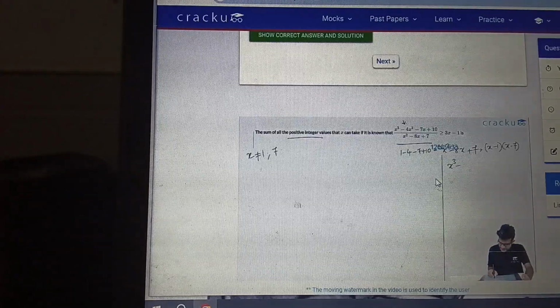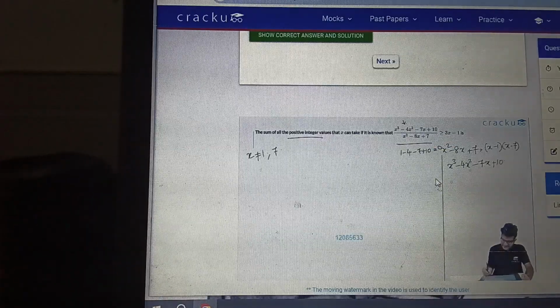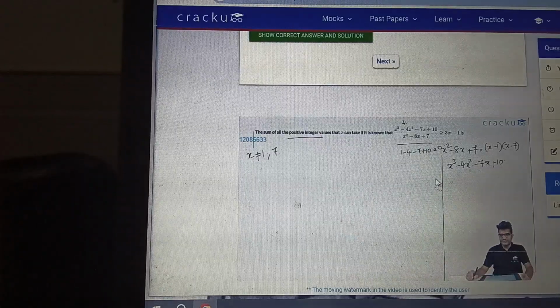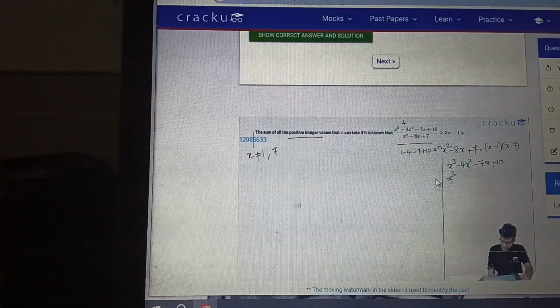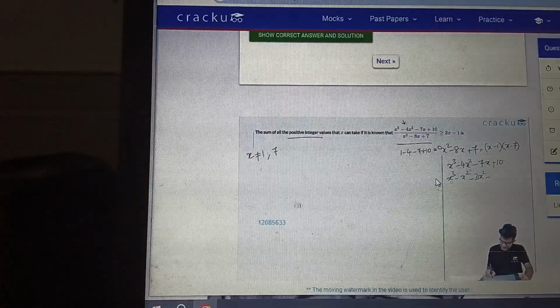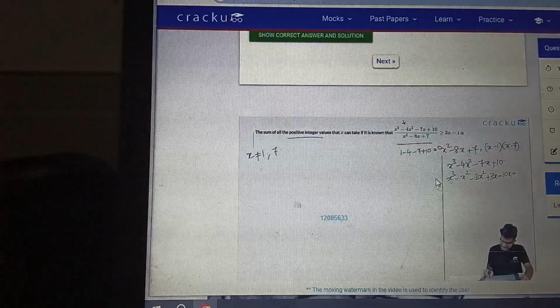When x is substituted to equal 1, the value of this expression becomes 0. So x cube minus x square minus 3x square plus 3x minus 10x plus 10.